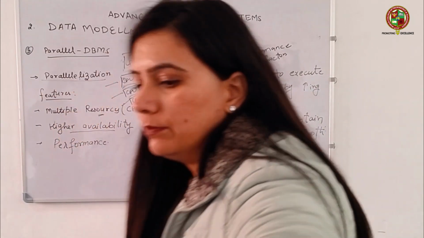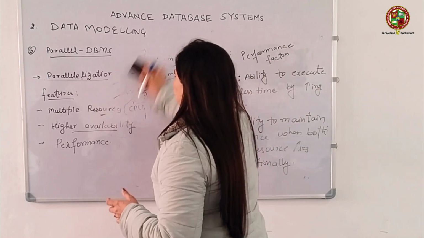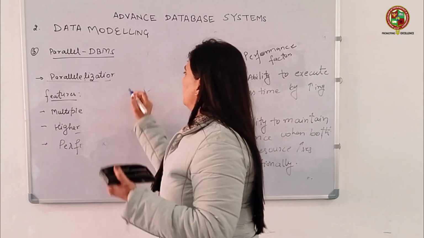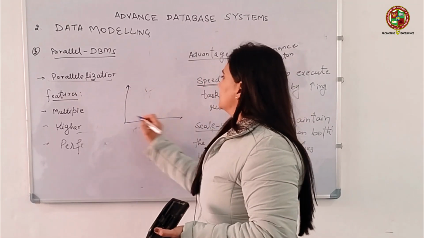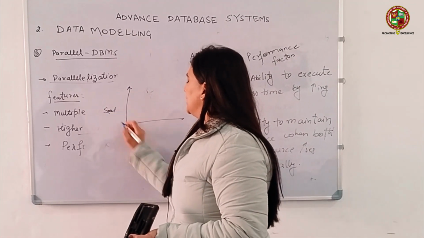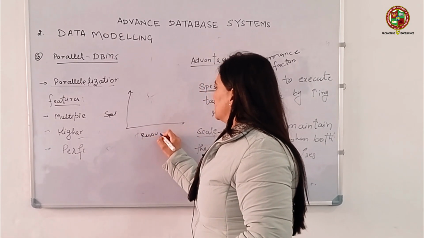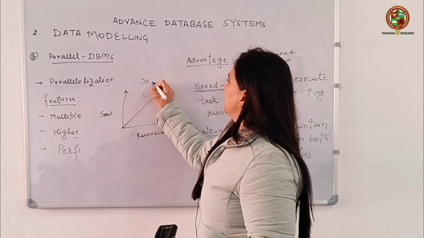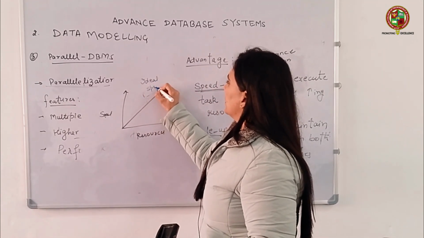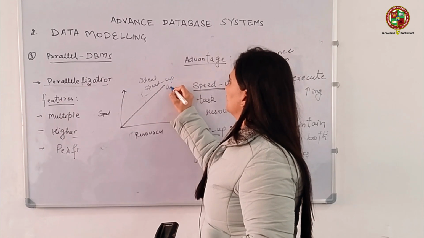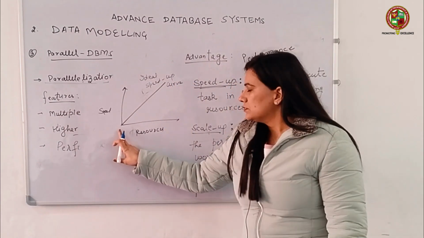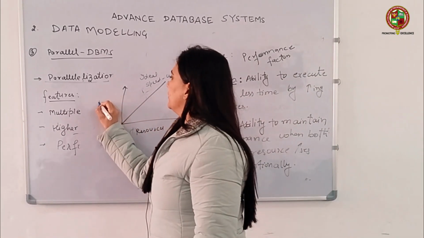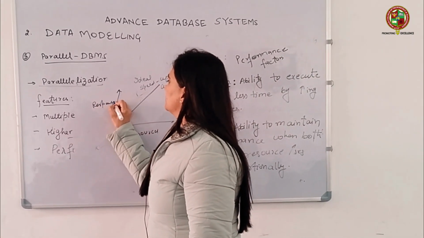And if we talk about the graph for it, if we look at the graph for the speed up, these are the speed and the resources. This is the ideal speed up curve we are getting, right? As we increase the resources, this is the speed, or we can call it the response time.